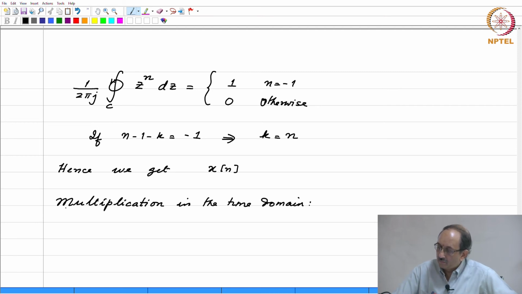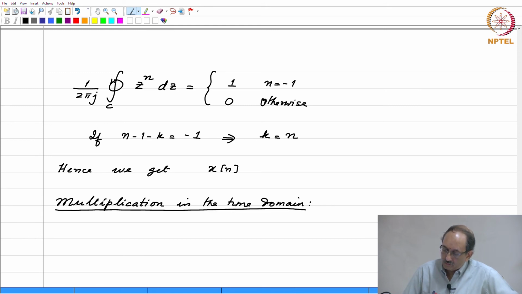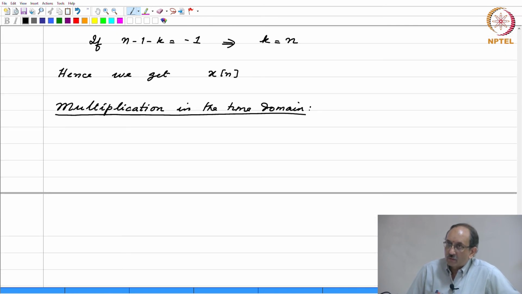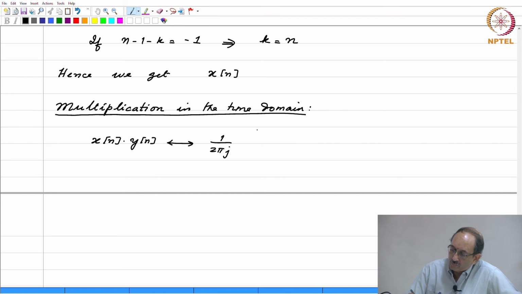When we did the Z transform properties, one of the properties was if you multiply in the time domain, you convolve in the other domain, except that in the Z transform case, the convolution in the other domain is complex convolution, and the Z transform of x of n times y of n was 1 over 2 pi j x of gamma y of z by gamma d gamma by gamma.